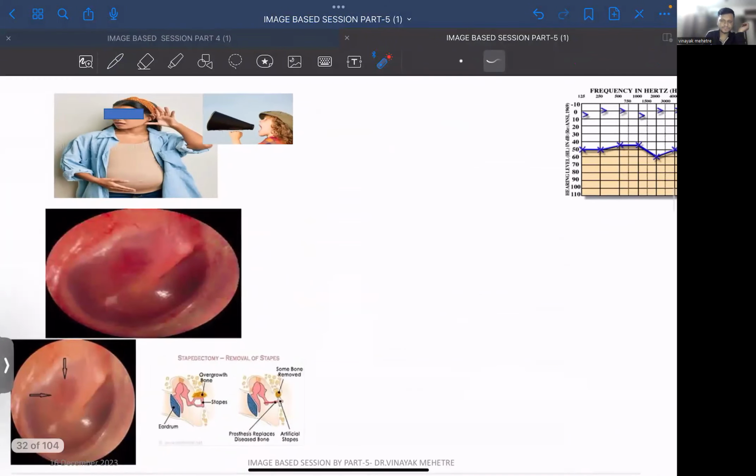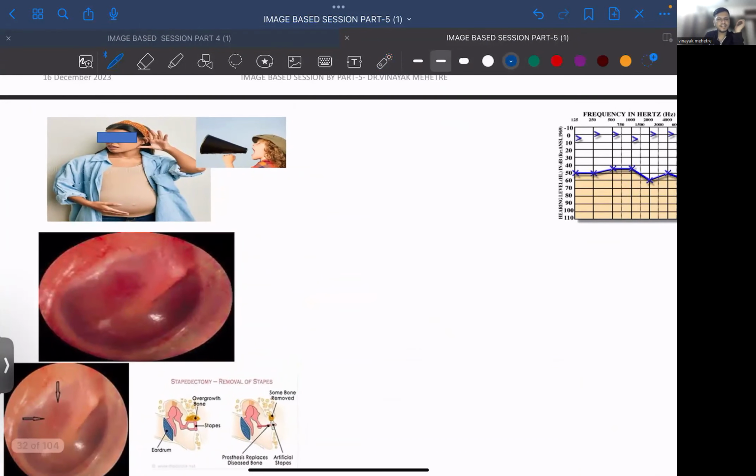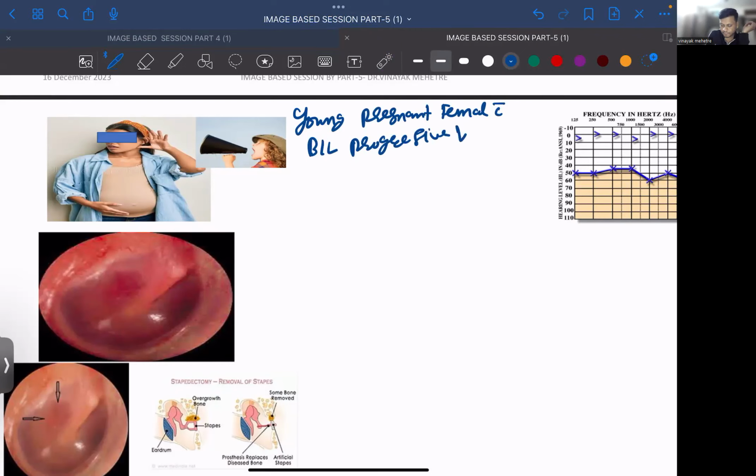Examiner's favorite. Young pregnant female with bilateral progressive hearing loss.